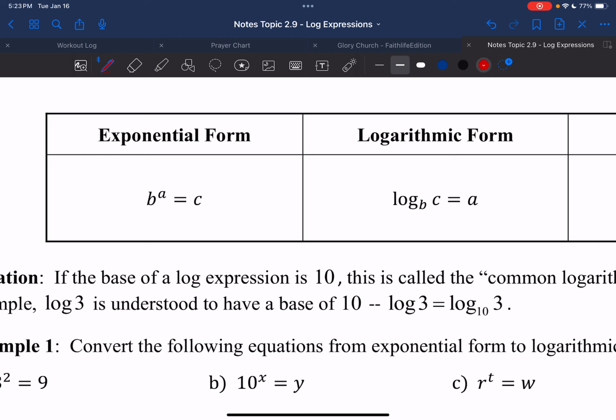Let's go over some vocabulary here. That b is your base, this is your exponent, and this is usually what you would call your answer.